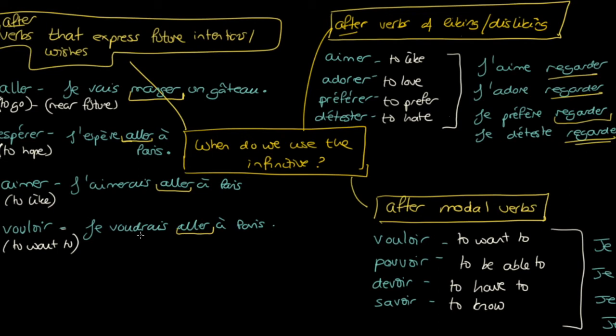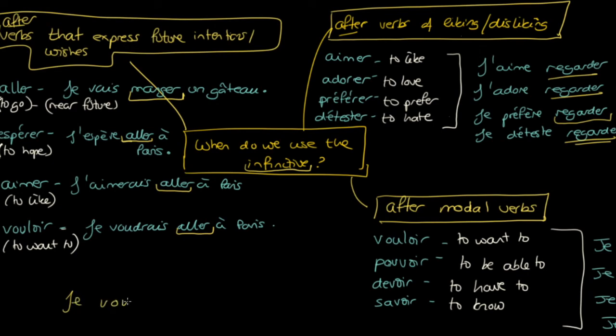So my first verb here is followed by my second verb, which is in the infinitive each time. Of course, it's only if there are two verbs being used next to each other that we need to worry about the second verb being infinitive. You can, of course, leave these just as themselves. You could say je voudrais du pain. I would like some bread. But if you're adding an extra verb in, je voudrais manger du pain.